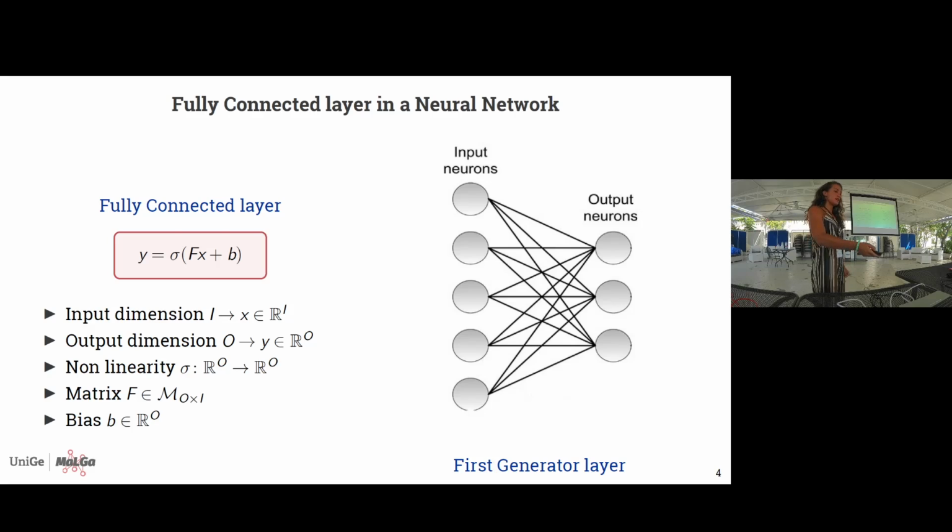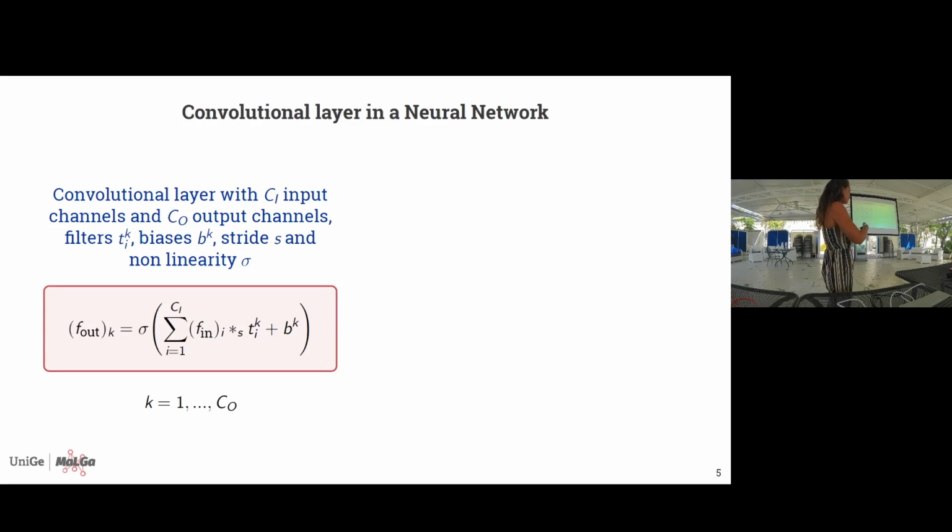The other layers are convolutional layers, and they have this form here. We have C_I input channels, that are the input images as before. We have C_O output channels, and we use filters that depend both on the input channel, that is this I, and on the output channel, that is this K. We have biases B_K, and we introduce a new variable, this stride S, and the nonlinearity.